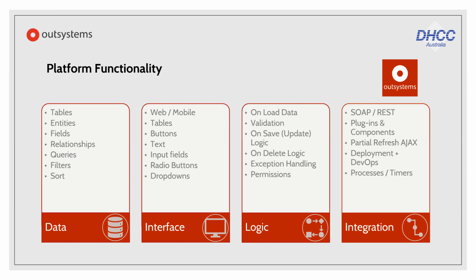The deployment and DevOps story is great as well, moving between the different environments. It all compiles down to .NET code in the back end, but there's some great interfaces and dashboards for managing which components are in dev and test and prod, and elevating those between the environments, and any dependencies as well, remembering there's components talking to other components and needing to make sure that we've got everything in sync and version numbers and the like.